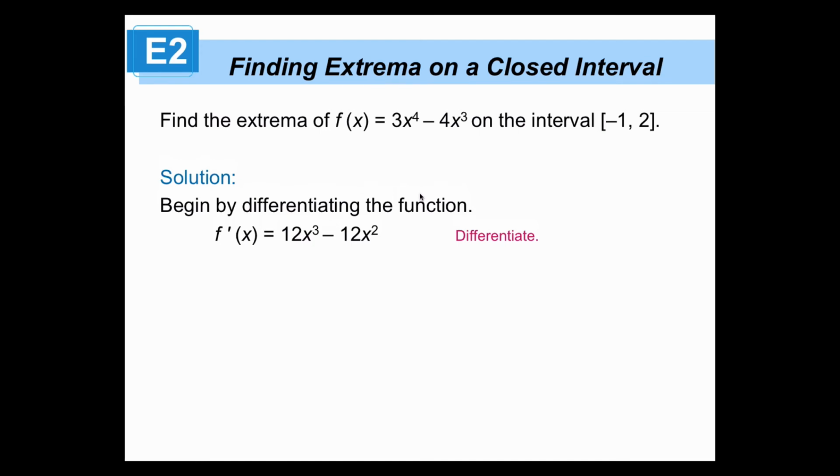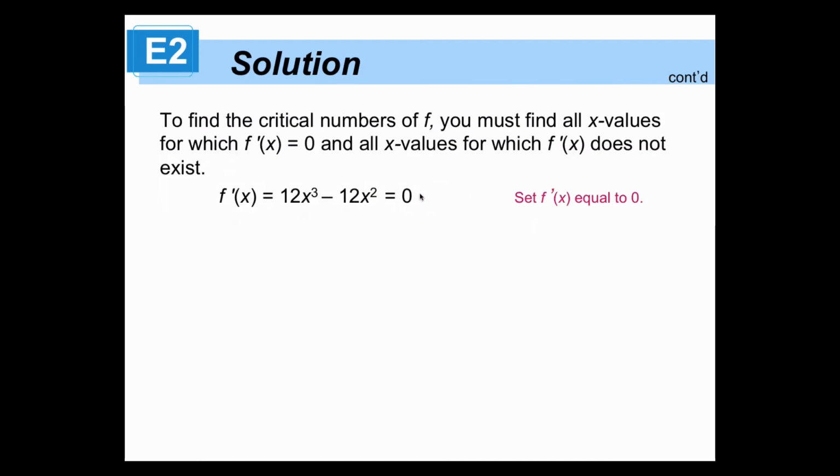Danny? 0 and 1. Beautiful. We good? Factor out a common factor of 12x squared. Use the zero product rule. Where's 12x squared equal to 0? At 0. Where's x minus 1 equal to 0? At 1. So we have two critical numbers there.